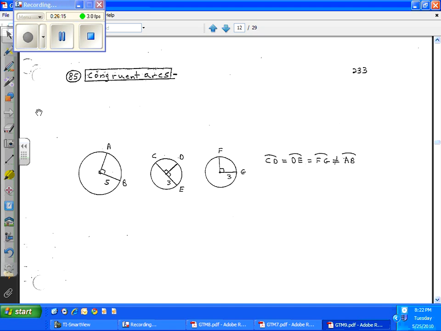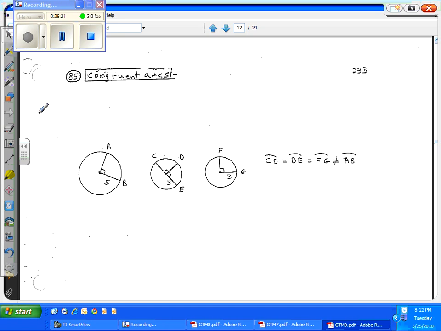Now, why did we say that? Well, this circle right here has a central angle of 90. Therefore, this arc is 90. So arc AB is 90 degrees because it has a central angle of 90 degrees.